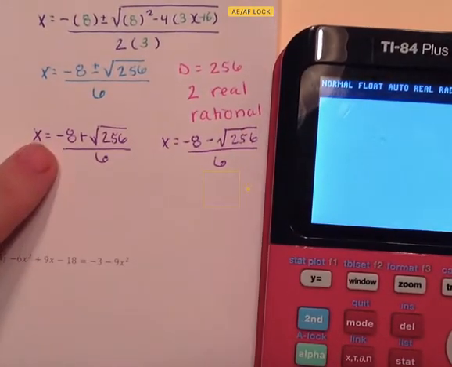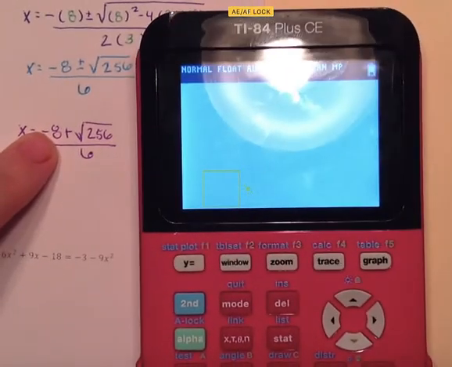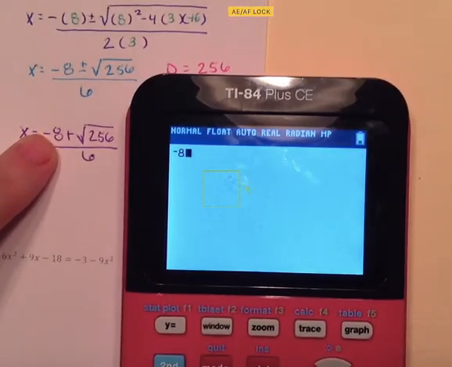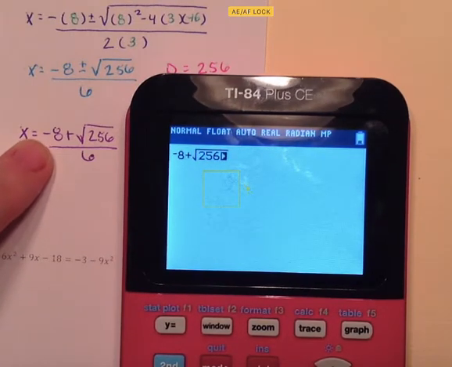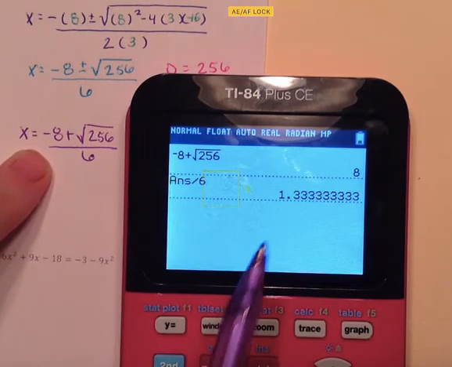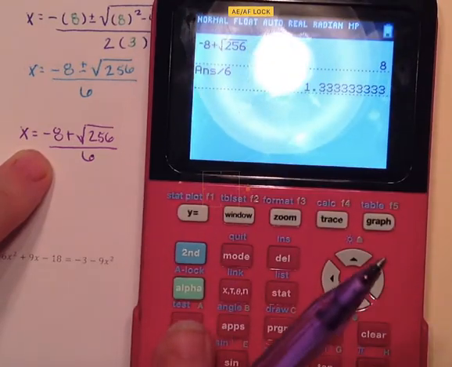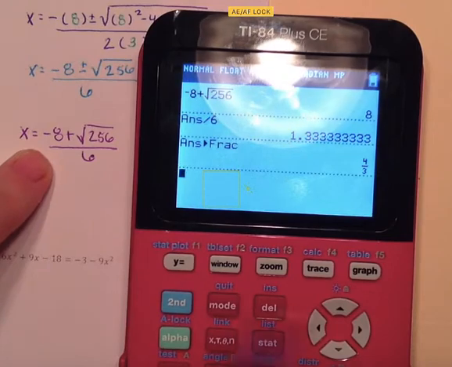So we're going to use our calculator to plug these in. I'm going to do the top part at the beginning. So we're going to have negative 8 plus the square root of 256, and I'll press enter. And then divide by 6, press enter. Now again, we didn't want any decimals because they're supposed to be rational. So I should turn this into a fraction. I turn this into a fraction by pressing math, enter, enter. And it turns into 4/3.